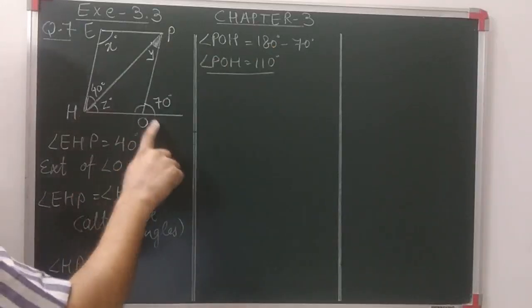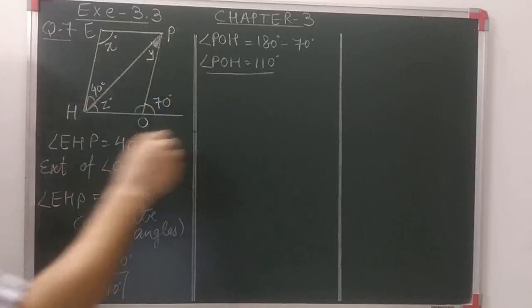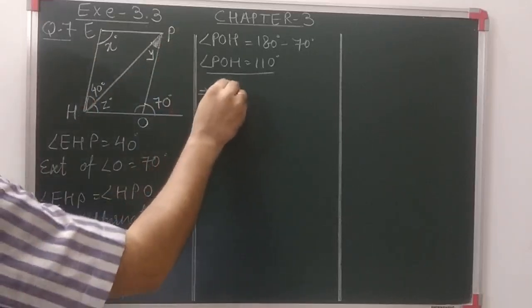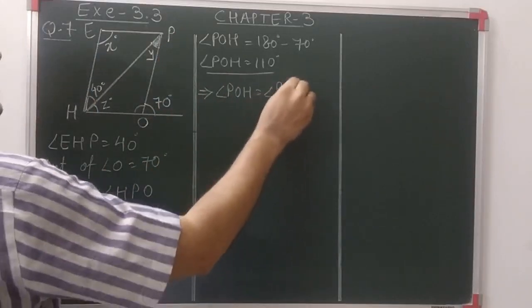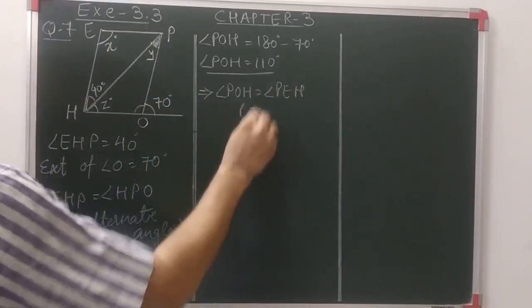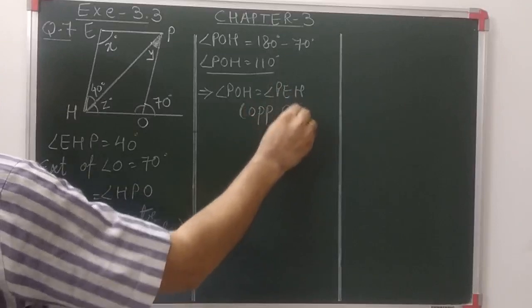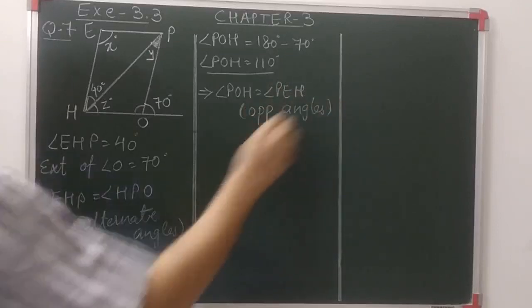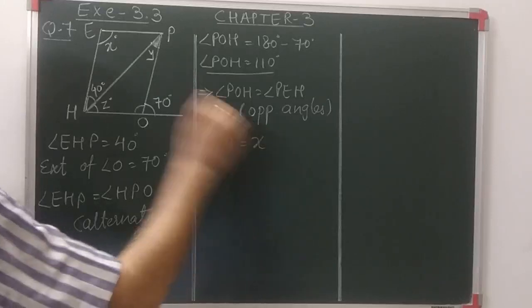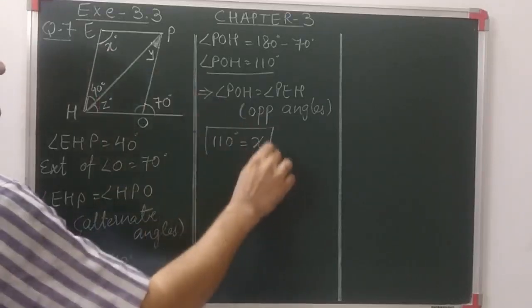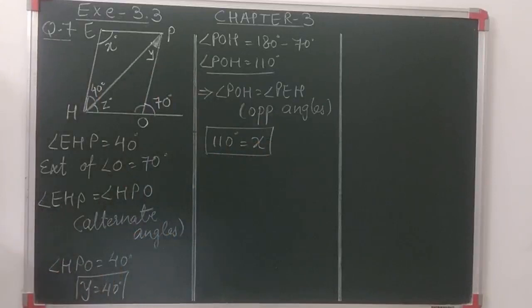This angle HOP or POH is the same as angle x. Angle POH is the same as angle PEH because they are a pair of opposite angles. So x is 110. So x and y we obtain.